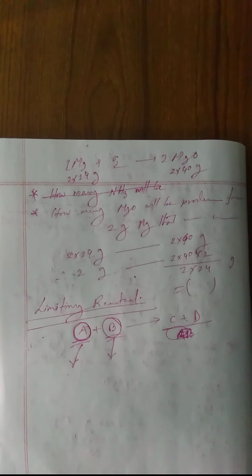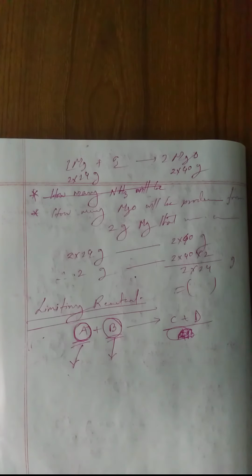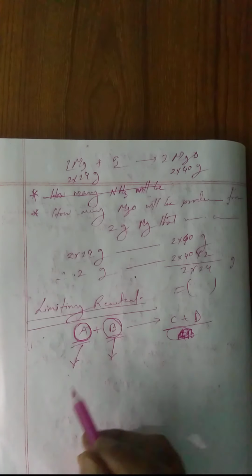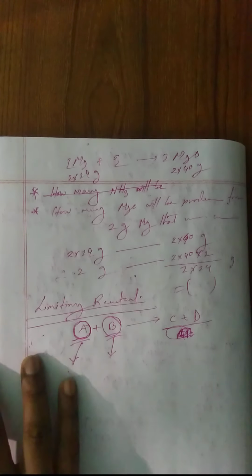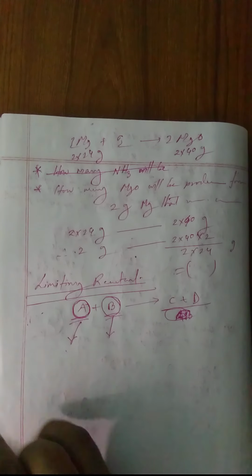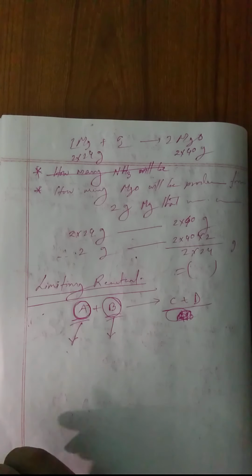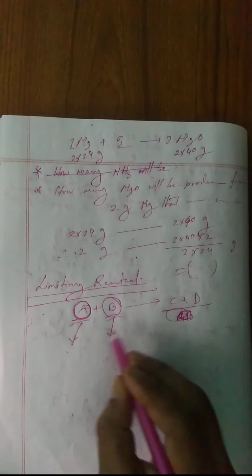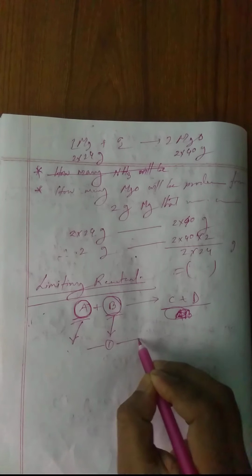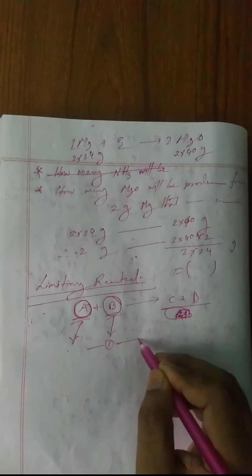So the reactant that finishes itself first is called limiting reactant. And it is very important, a reaction depends on limiting reactant. How much product will be produced depends on limiting reactant.